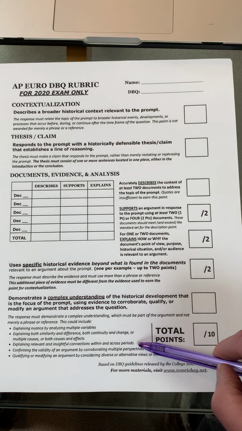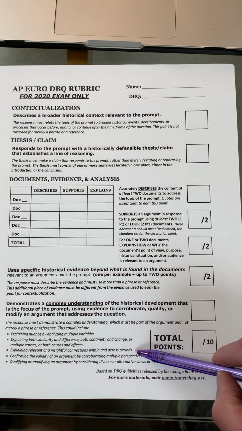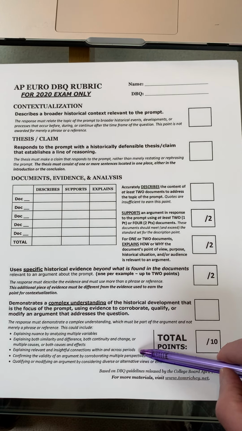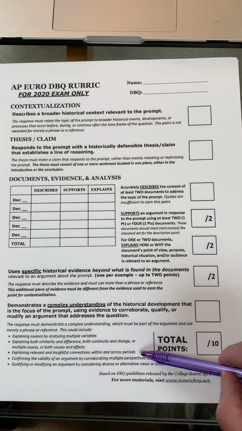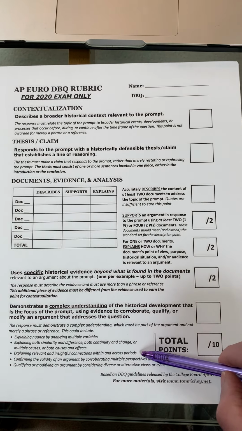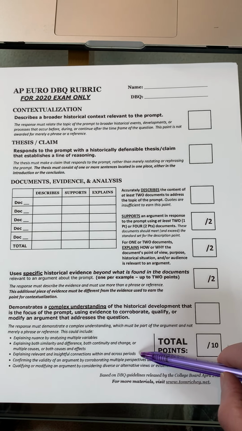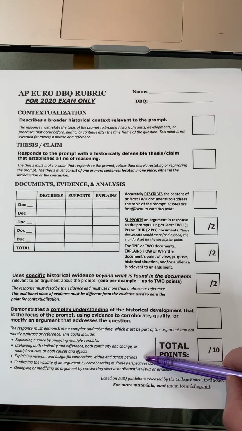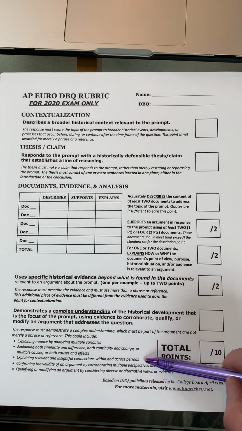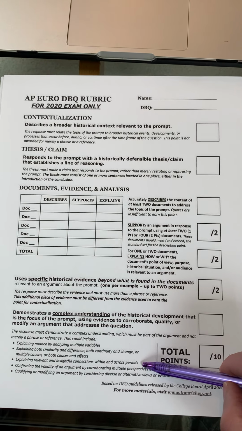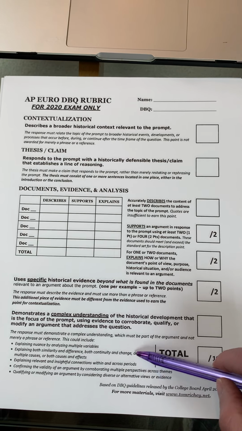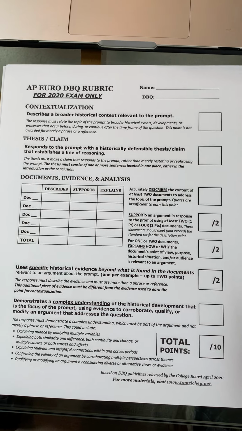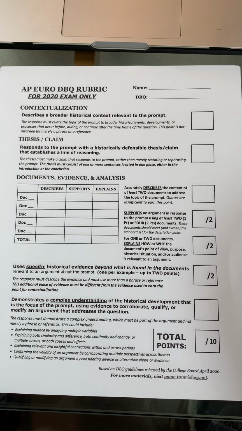Like, for example, if it's about the Renaissance and you say, this is similar to Romanticism from the 1800s, or this is similar to realism, or making some other connection between periods, or this is like Baroque art, if that's what you're arguing about. Or if it's about the French Revolution, you can say this is similar to the Russian Revolution, or the English Civil War. So that's what a complex understanding would be about. Okay, so that's the overview of what the exam will be about.